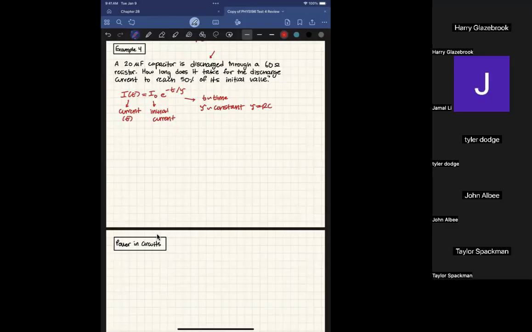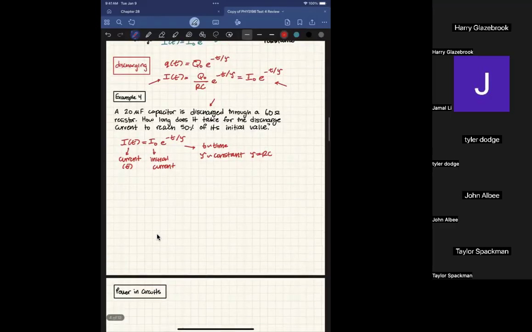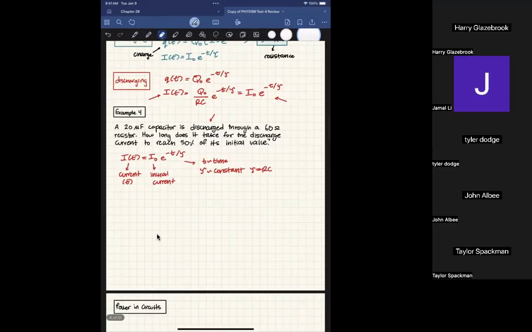This equation's in your book, the Q naught over tau stuff. And I think there was one problem that had you find I naught using that. For most purposes, though, you're really only going to use this equation here, but this was just in your textbook, so I wanted to put it in there for completeness, but I also don't want to confuse you guys.